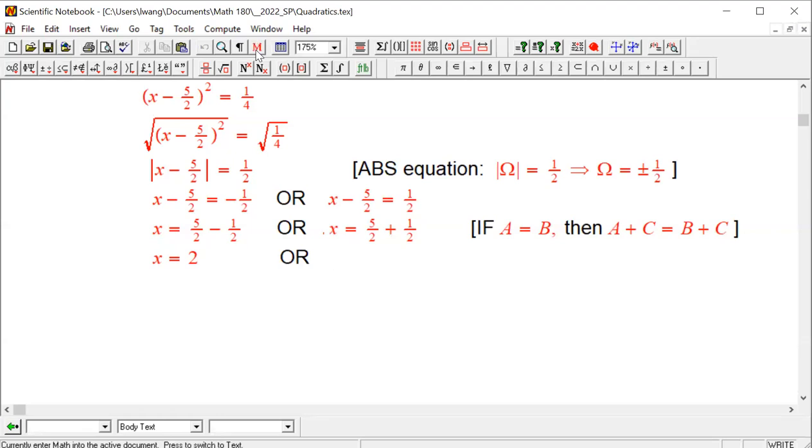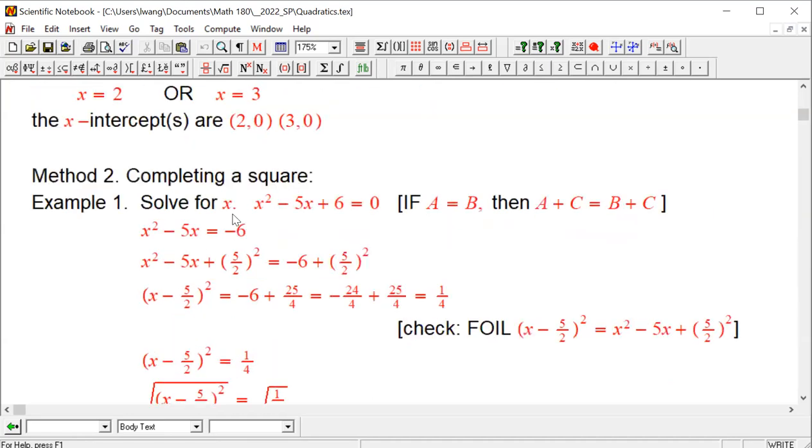Then x equals 3. We got the same answer. And you're done because this is just asking for a solution. They didn't ask for x-intercepts, right?